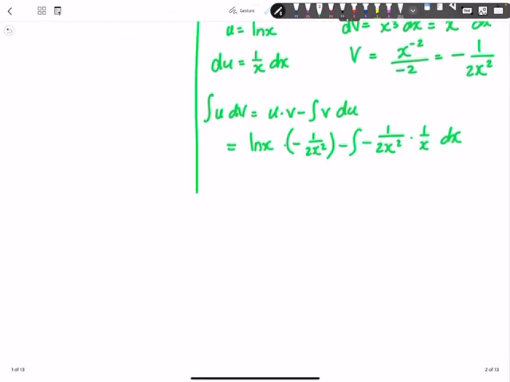All right, so again, let's clean up. This is going to be equal to negative natural log of x divided by 2x squared. Again, the minus and the minus is going to become plus, and I'm going to factor out the coefficient 1/2, right?